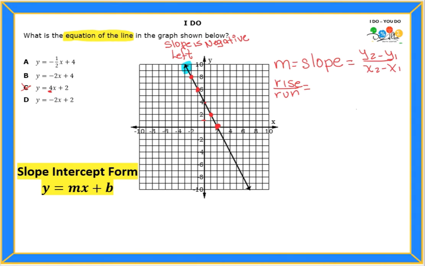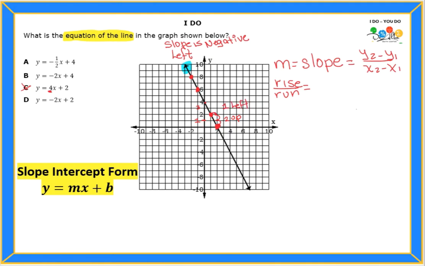So let's do rise over run. I'm going to go from the x-intercept to the next point. I'm going to go 1, 2, because notice how I'm counting by ones on the y-axis. So that's 2 up. But it goes 1 to the left.